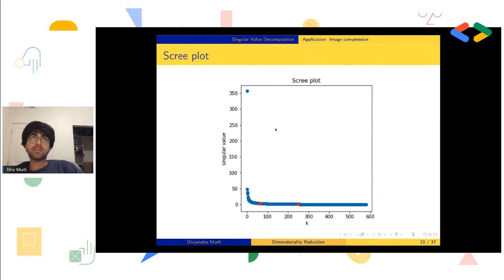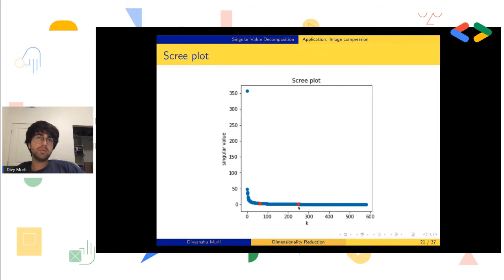And this thing here is called a scree plot. It's a plot of the singular values. The x-axis is which singular value it is, ordered from greatest to least, and the y-axis is the actual singular value. And you can see that the first one is huge, and then it drops pretty dramatically.